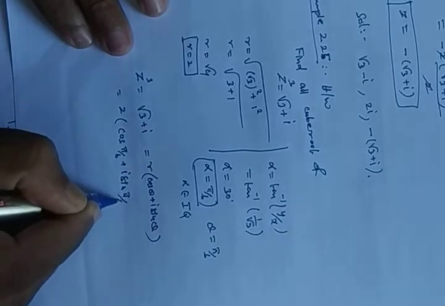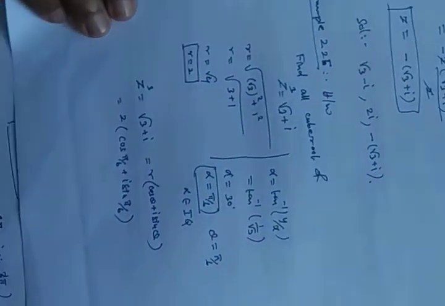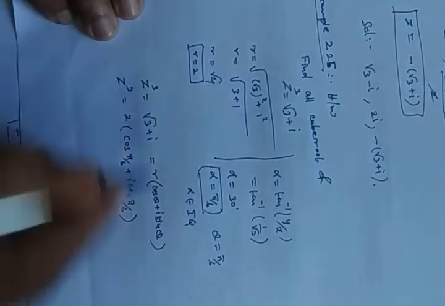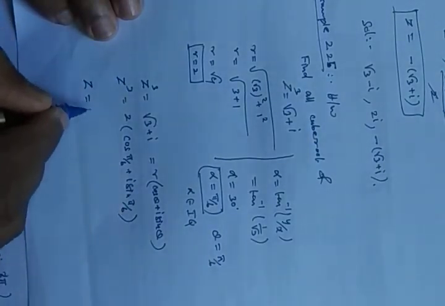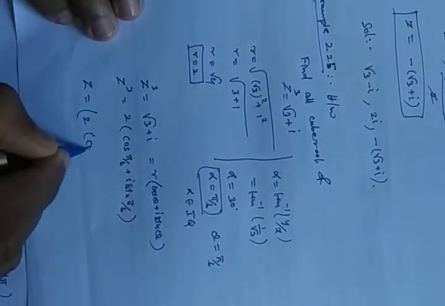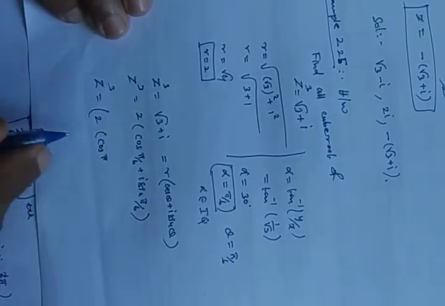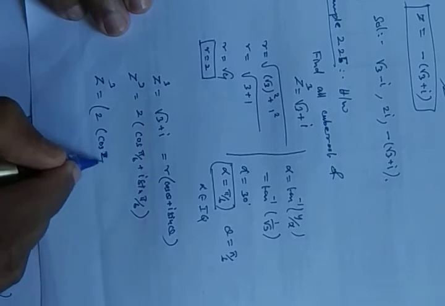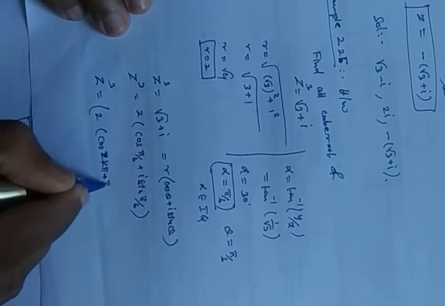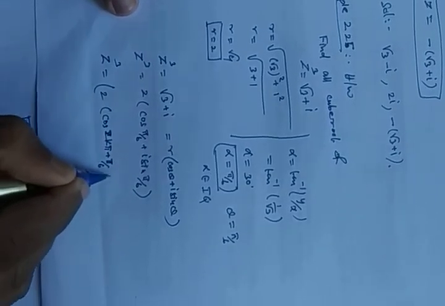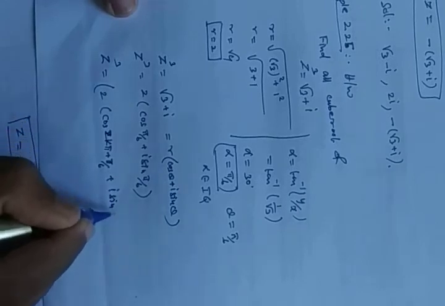This is the z value, the cube of the root. Then the cube goes to the other side. Now write the general form: z equals 2 to the power one third of cos (2k pi plus pi by 6) by 3, plus I sin of the same.